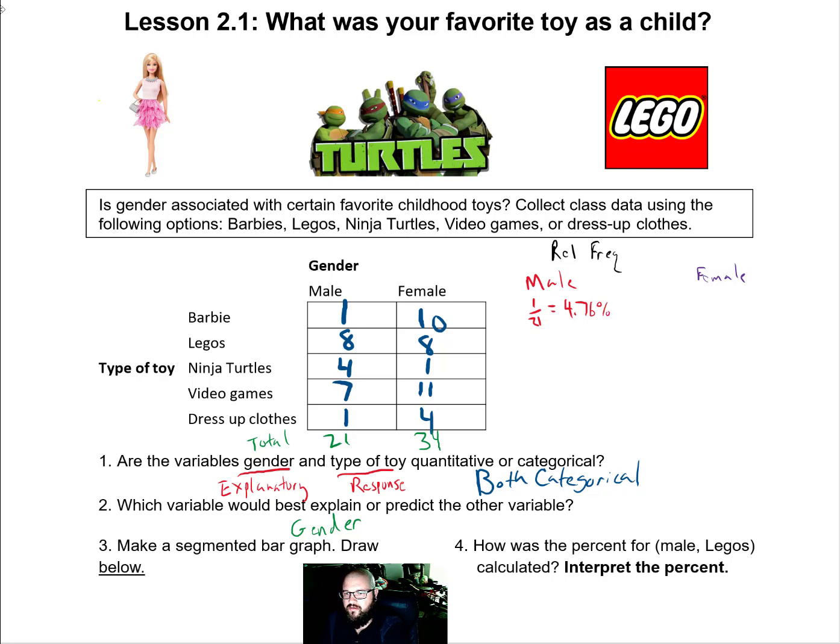Okay, then for Legos, we have 8 out of 21, which will give us 38%. Then we have 4 out of 21 for the Ninja Turtles, which gives us 19%.